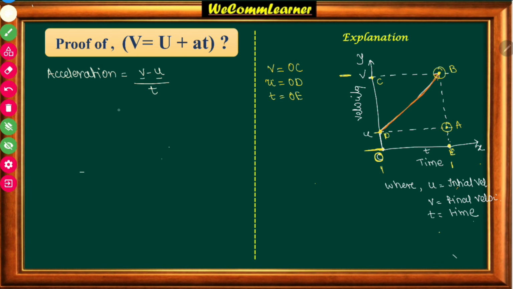So this is a, that is v minus u upon t. If I put this nomenclature over here, then a is OC minus OD upon OE.